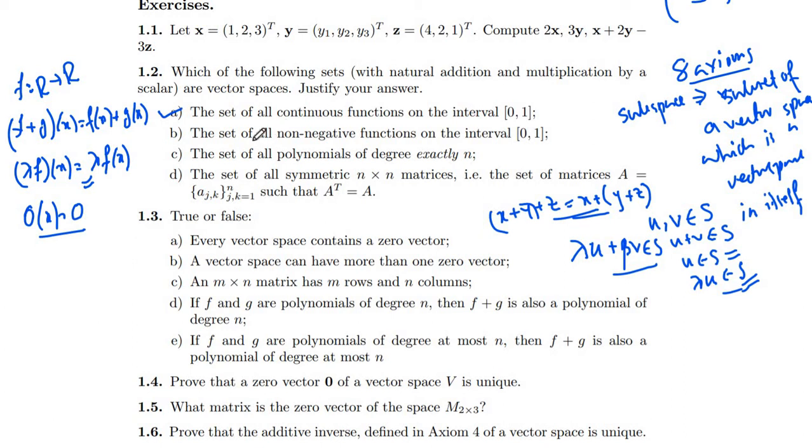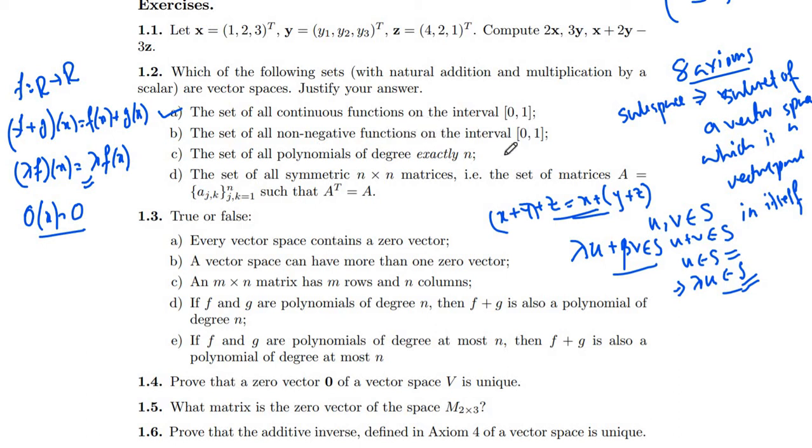Now let's think about the set of all non-negative functions on the interval 0, 1. Suppose there is a non-negative function, so for all x it spits out a value which is greater than or equal to 0. Now if I multiply it by a negative lambda, that should also be a non-negative function, because this is our particular set, but that is not the case.